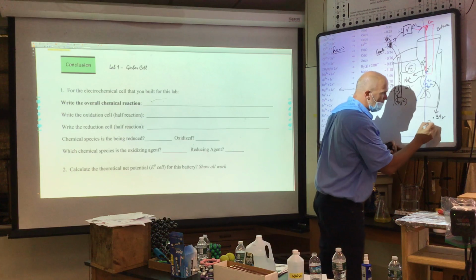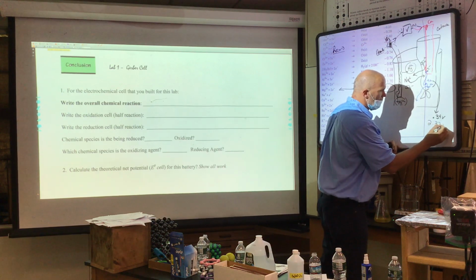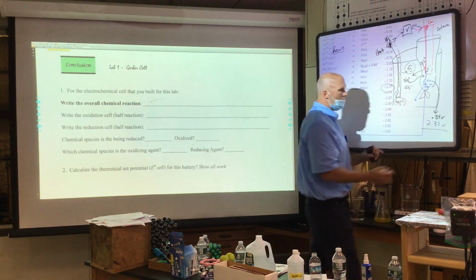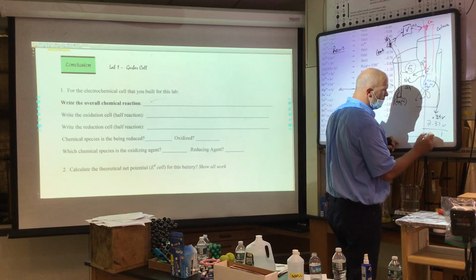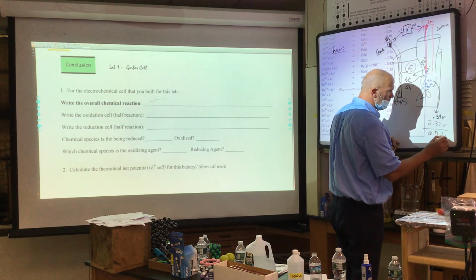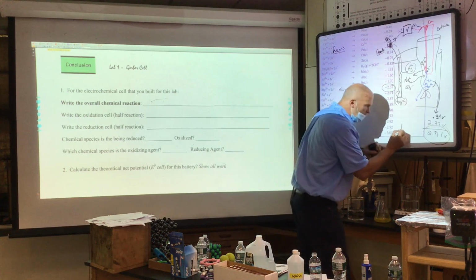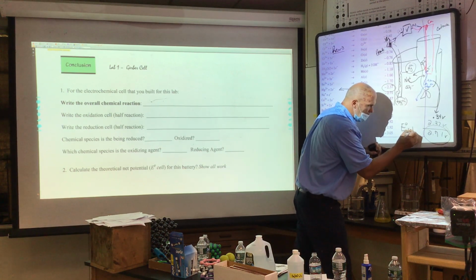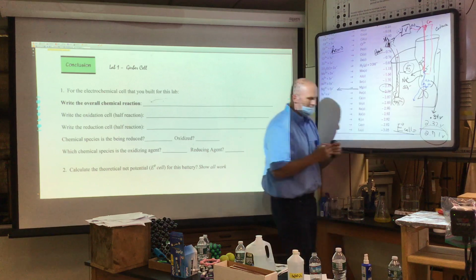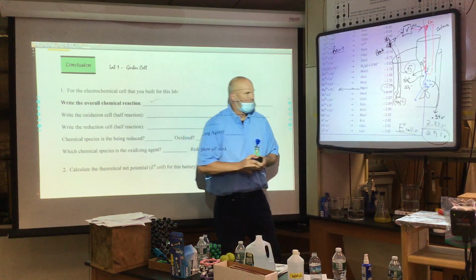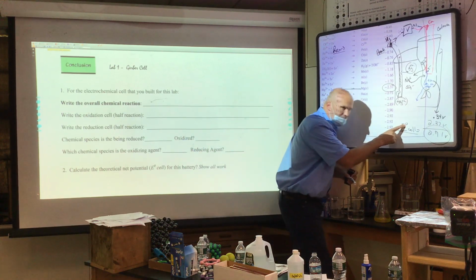And you add them together, you get 2.71 volts. And that is what you get for E0 of cell. That just means the net potential of the overall battery, assuming you're at standard conditions.